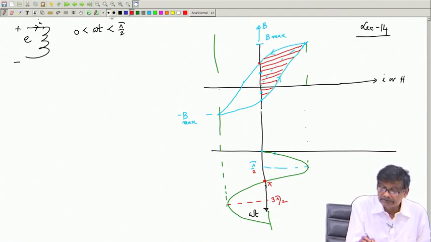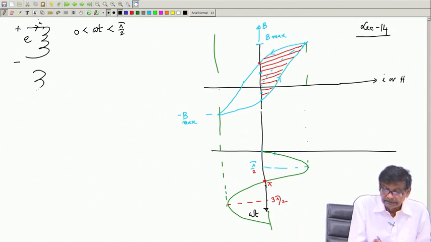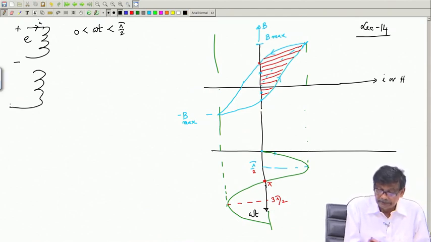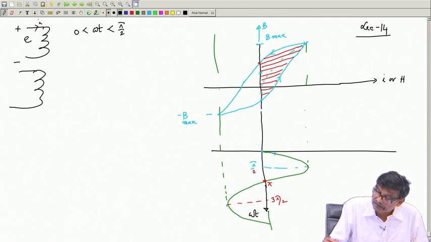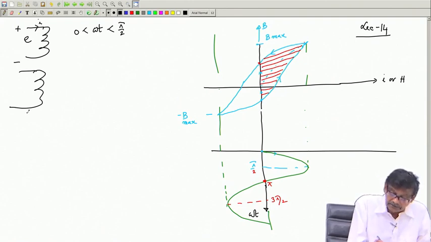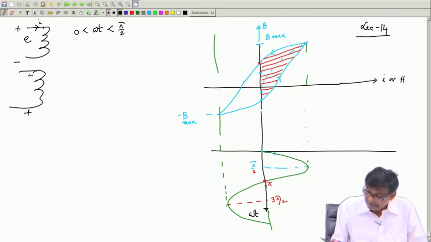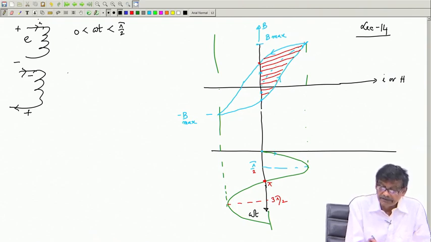Then what happens between pi by 2 and pi, that is, this is the coil, and then the induced voltage, as you see, B decreases in this path, dB/dt is negative. So, induced voltage will be plus minus, and current of course still remains positive, means this is the direction of the positive current. So, this delivers energy.